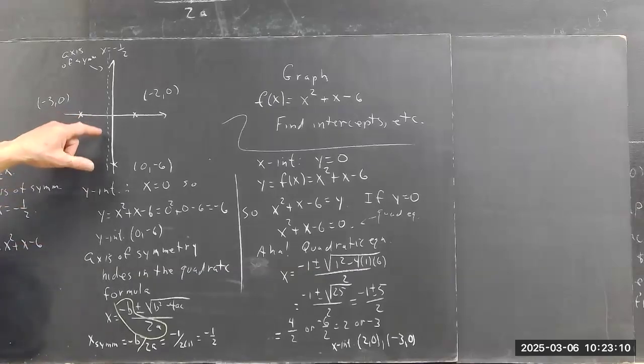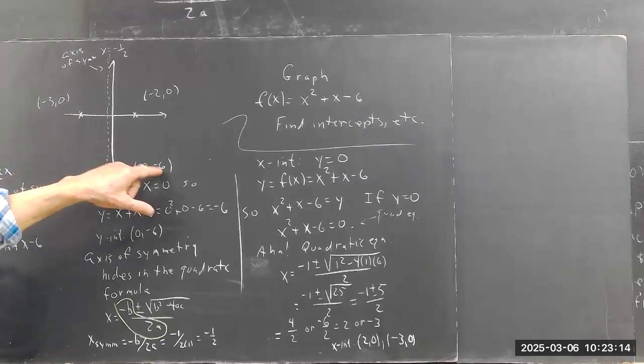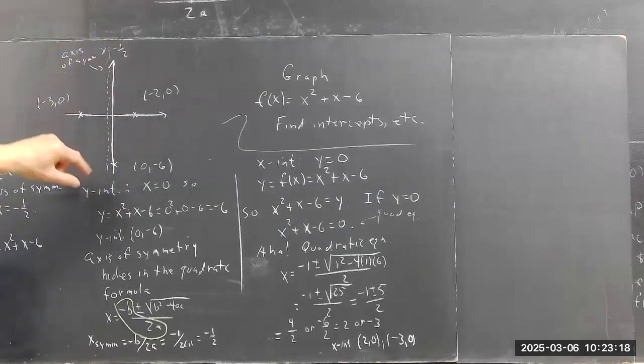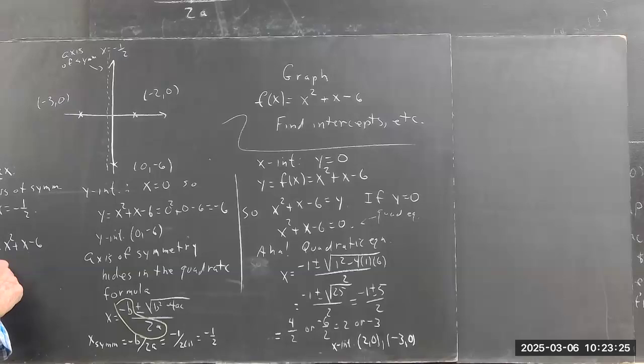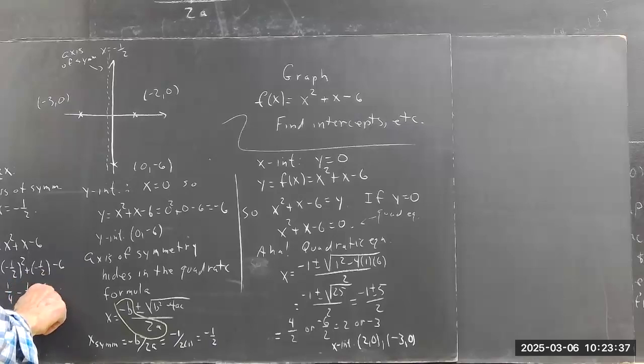Okay, because the vertex has to be lower than the y-intercept, because you know what the shape is going to be. Okay, the vertex is going to be here, and it has to be lower than this. And what you got wasn't going to be lower. So let's write it out again. Okay.